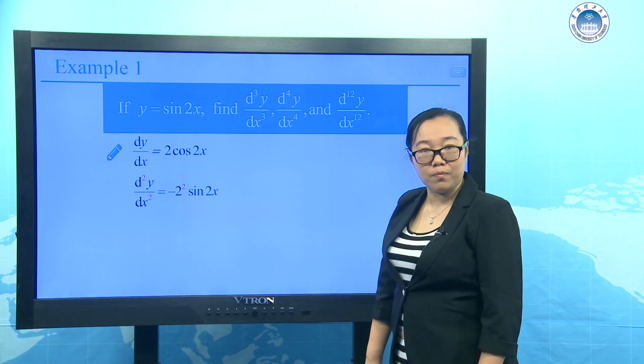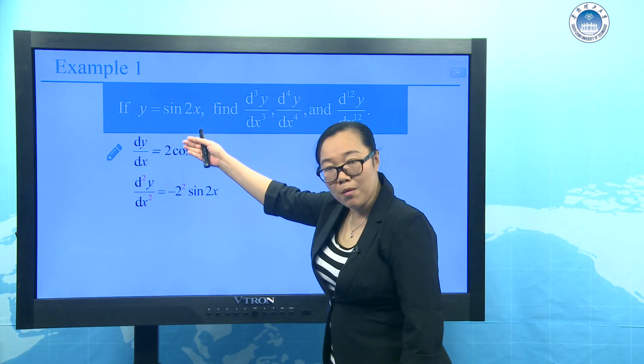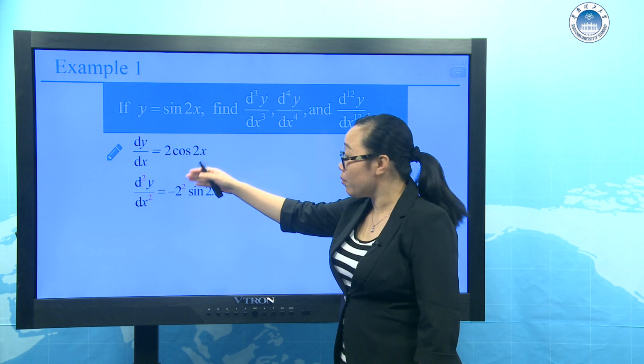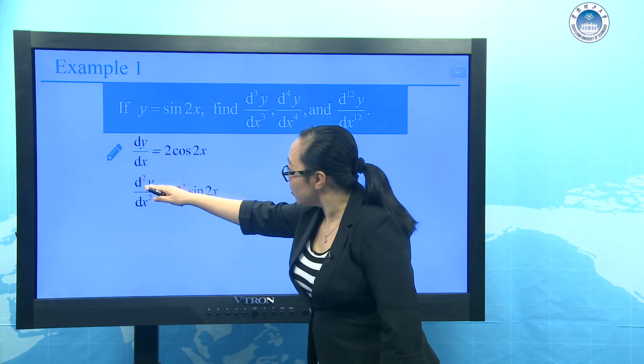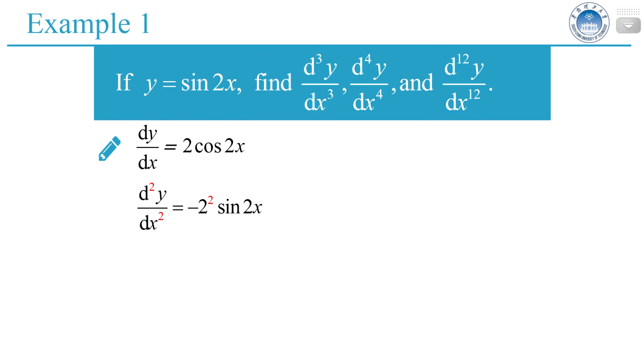Look at the second: from here, take the derivative one more time. So d square y over dx square equals the derivative of cosine u. Do you remember? The derivative of cosine u equals minus sine u times u prime, which means 2. Together, minus 2 square sine 2x.